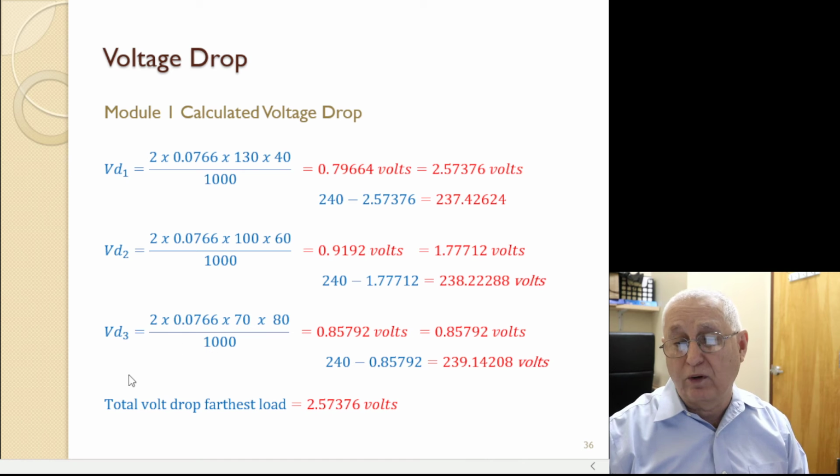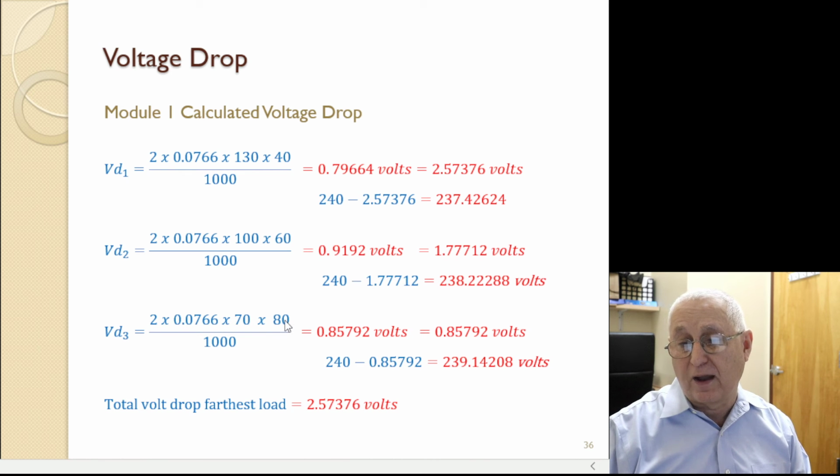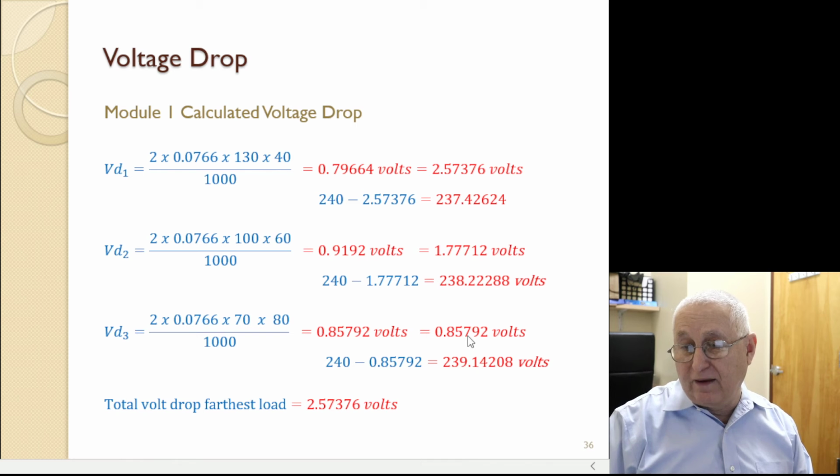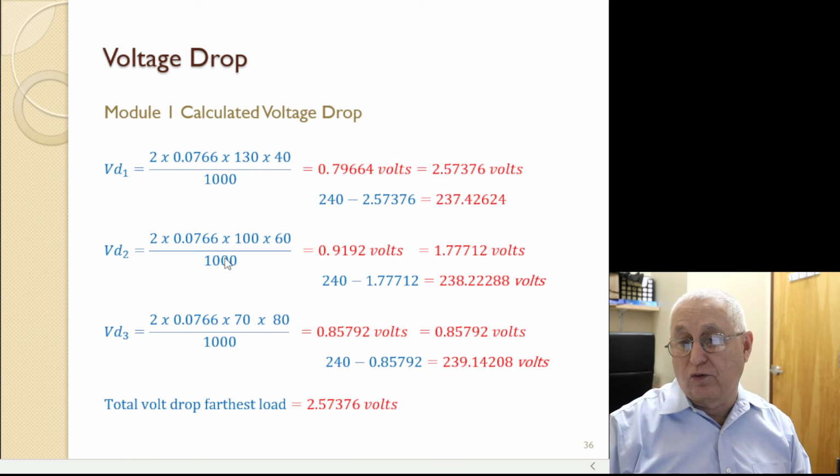Here we're going to start with voltage drop 3. This is to that 80 amp load. 2 times 0.0766 times 70 feet times 80 amps divided by 1,000 gives us a voltage drop of 0.85792 volts just for that 80 amp load. And here we have 0.85792 volts also.